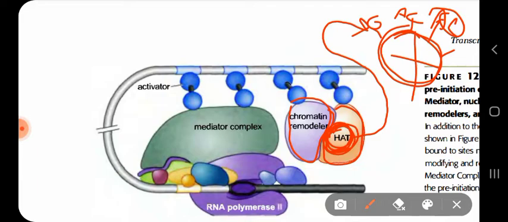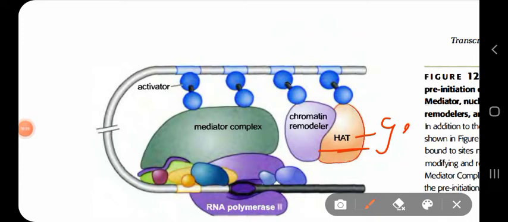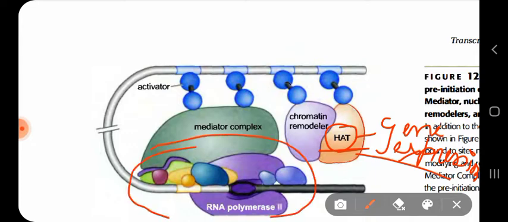So this enzyme is associated with the gene expression at transcription level. If it needs to be turned off, we don't need to transcribe this portion of DNA now, then the histone acetyltransferase will carry out their function.